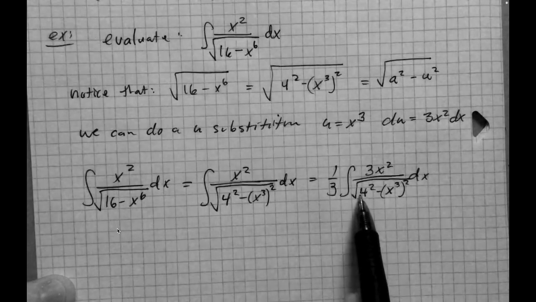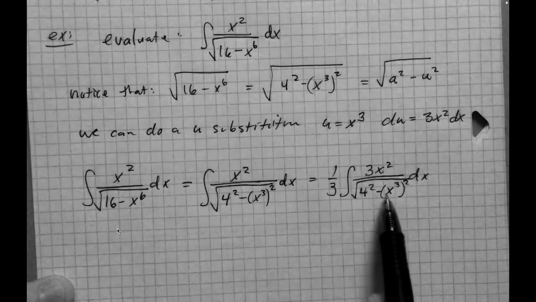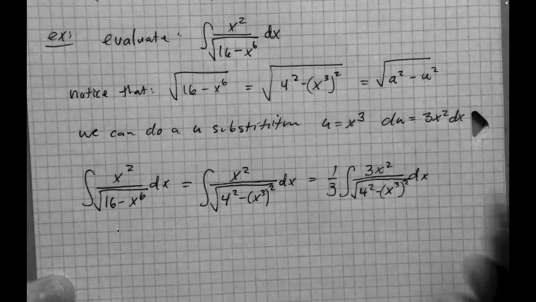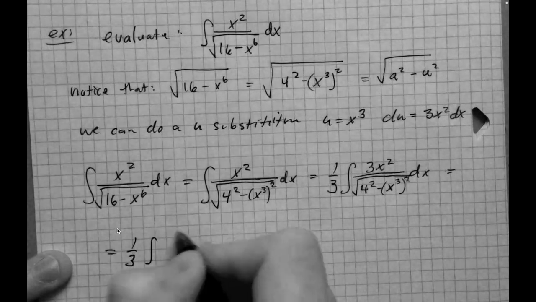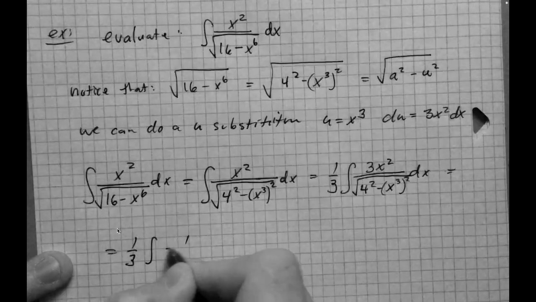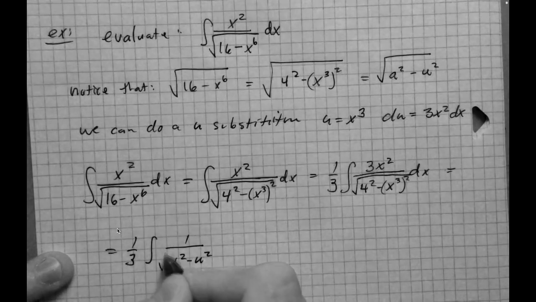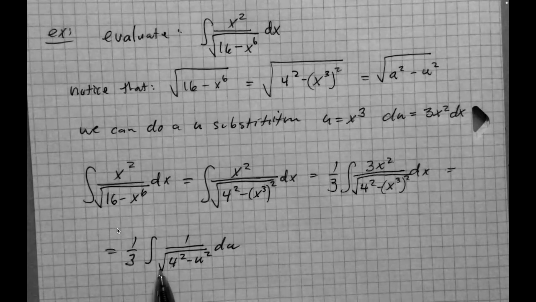This would be 4 squared minus u squared in the bottom. The top would be 3x squared dx, which is du. Okay, so let's make the substitution. And so this would be 1 over the square root of 4 squared minus u squared. Okay, and this is just the a squared, right? That's the a part of it.